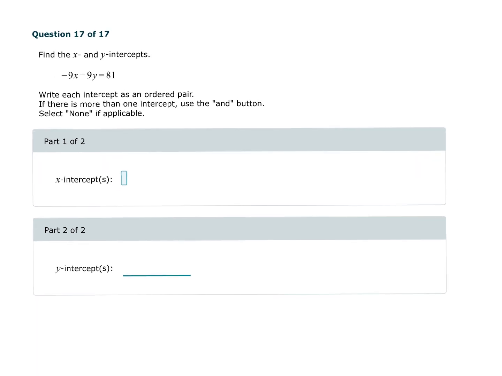We're going to find the x and y intercepts, the same idea of what we just did, but now it's a linear equation. So I want to show you what that looks like. And I want you to note that it says to write each intercept as an ordered pair. If there is more than one intercept, use the AND button. Select none if applicable.